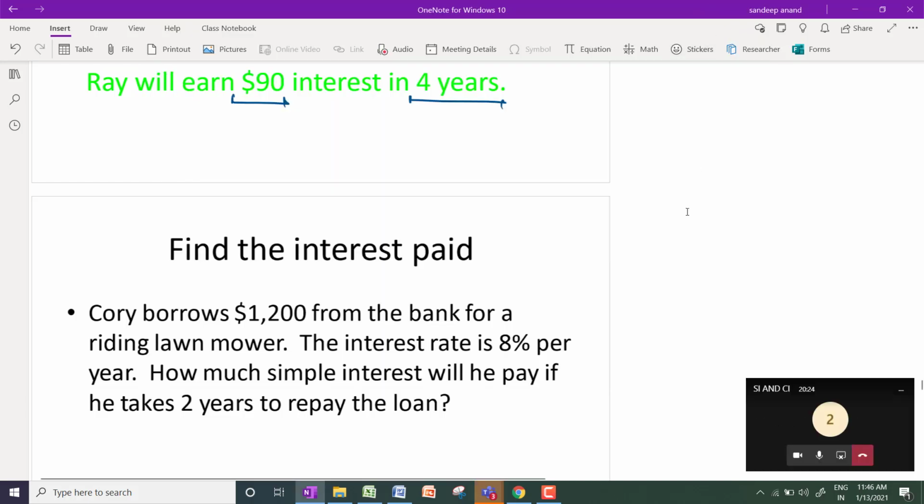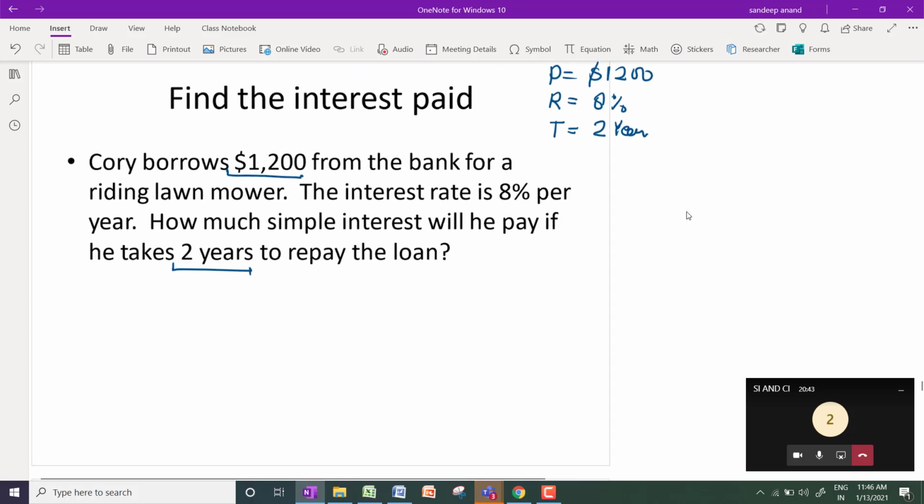Excellent. So here for Corey, the principal amount is $1,200. The rate is given per year, 8%, and the time is mentioned in years, so we need not convert it. Now what will be my simple interest? Simple interest is PRT by 100.